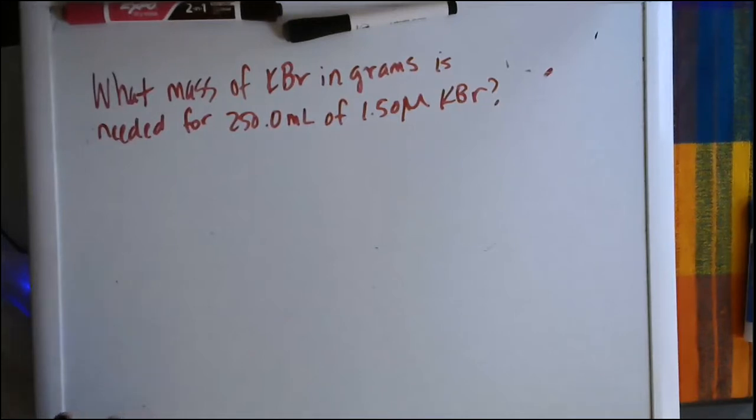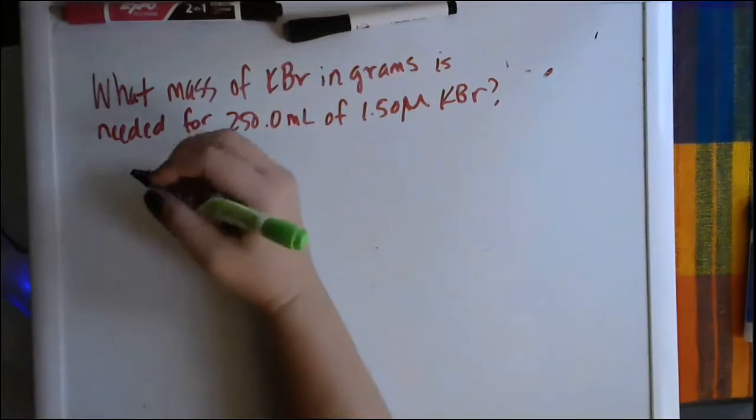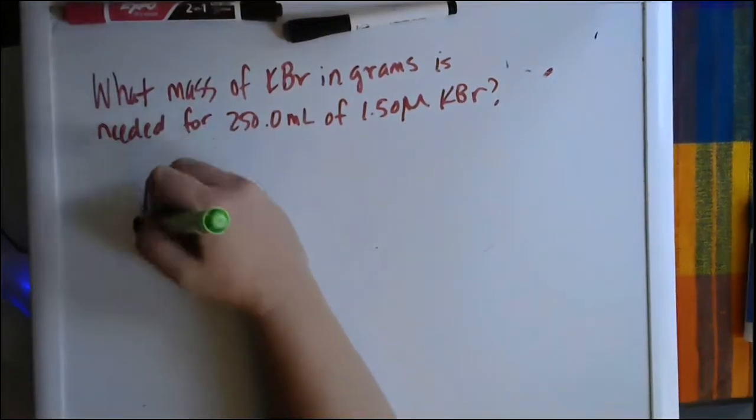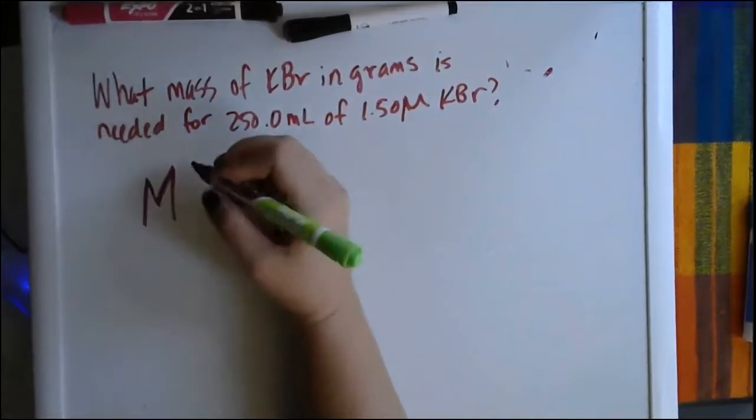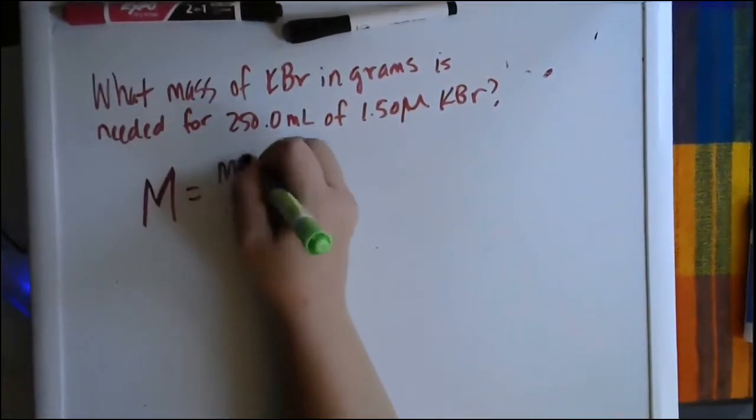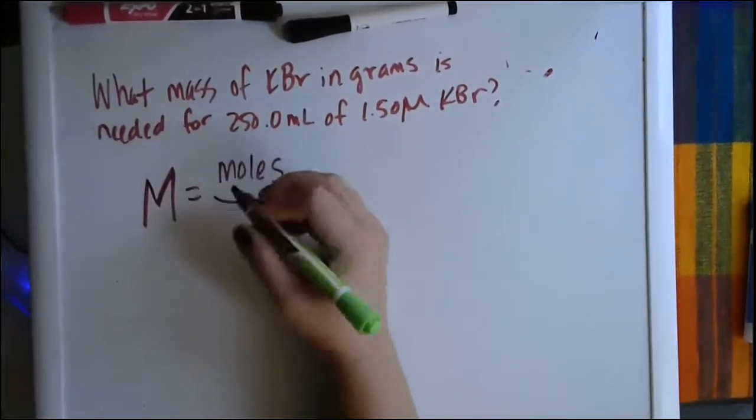Now, the reformatting of this might seem stressful initially, but just think about the definition of molarity whenever you're looking at one of these problems. This is going to be your main source of information here. Molarity is moles divided by liters.